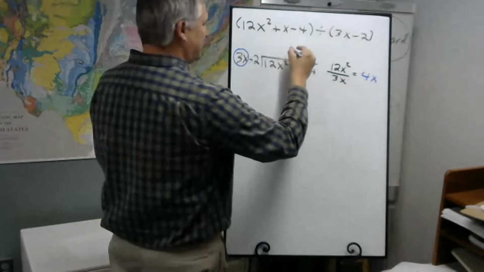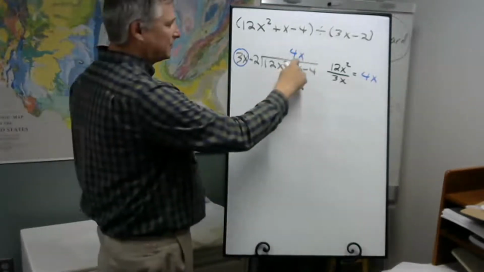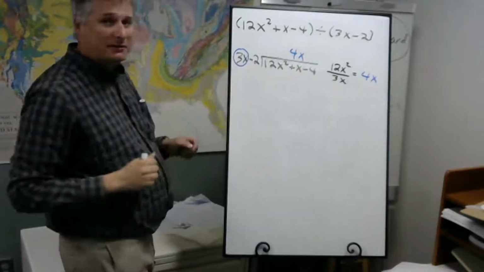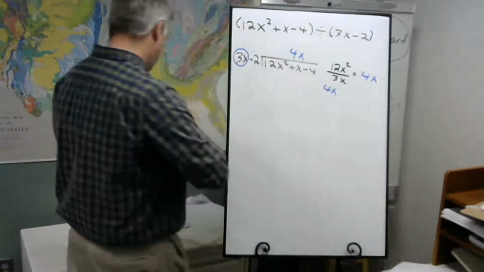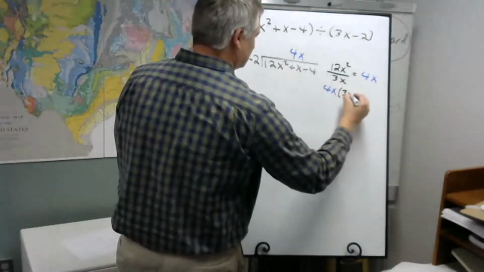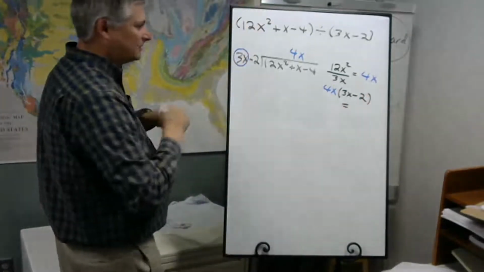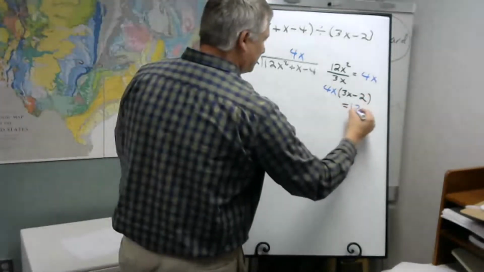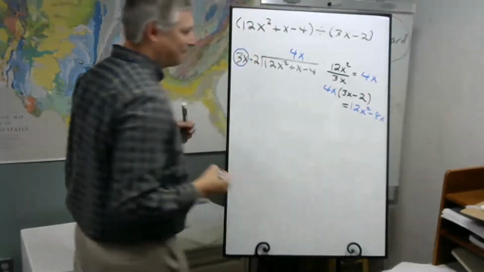Let's put the 4x in the x column. Now we take the 4x, multiply the entire divisor. And so we get 12x squared minus 8x.